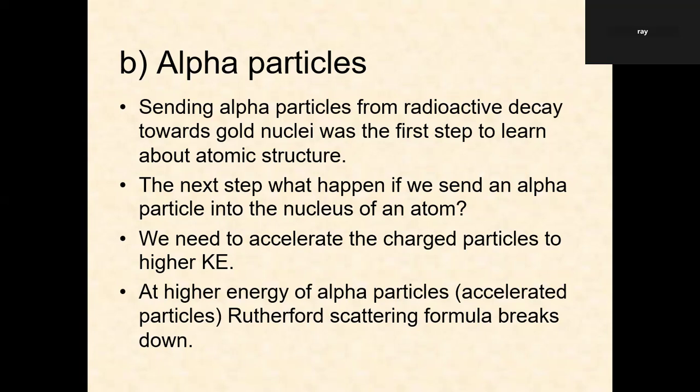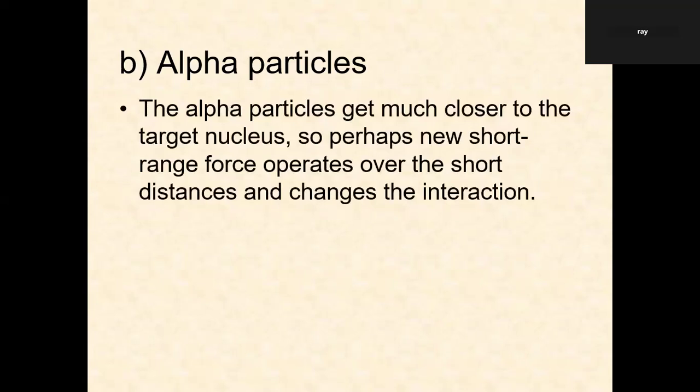At higher energy of the alpha particle, the Rutherford scattering formula breaks down. The mathematical part you don't need to worry about. Remember, the two positive charges are repelling each other all the time, and the repulsive force becomes greater and greater as they come nearer and nearer to each other. So alpha particles get much closer to the target nucleus.